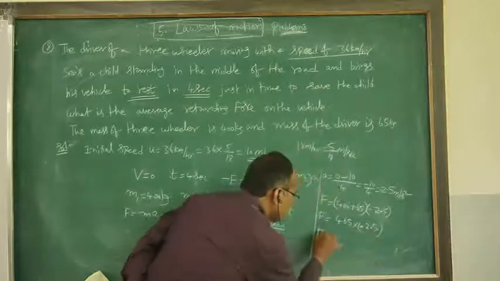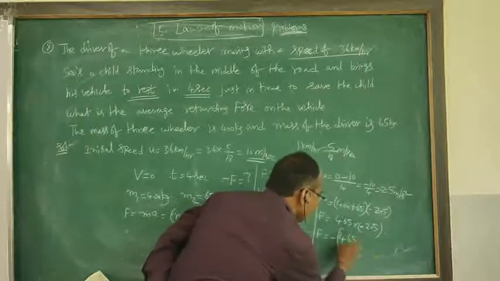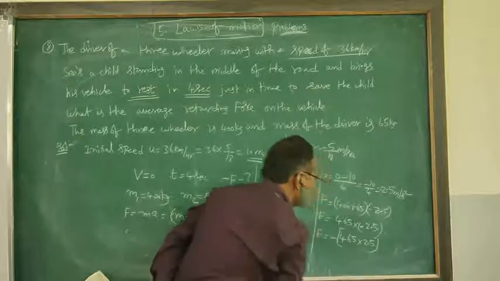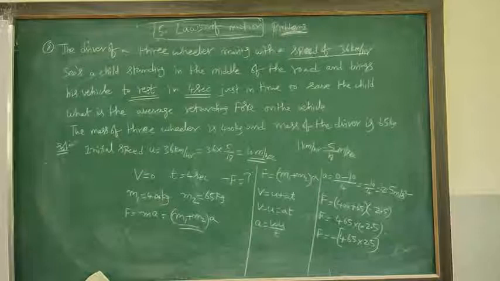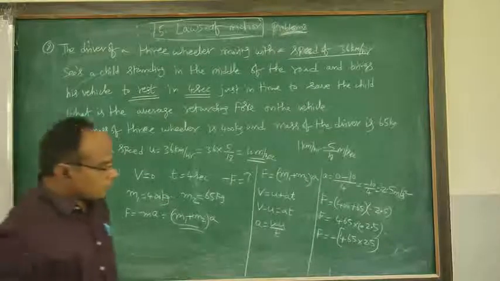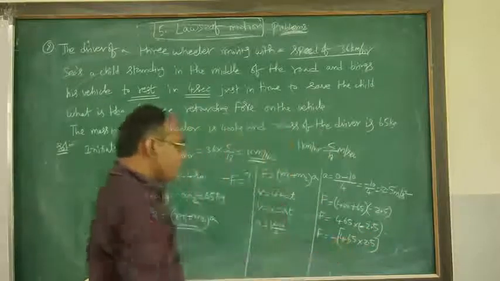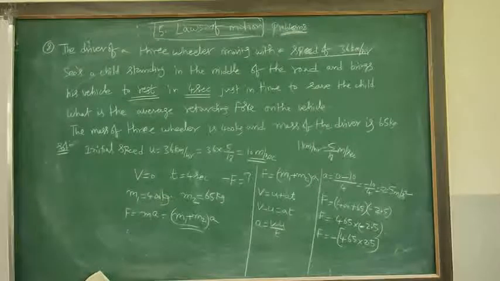So F is equal to minus 465 into 2.5. We have to calculate. Whatever value you get is the answer, and the answer will be in Newton.